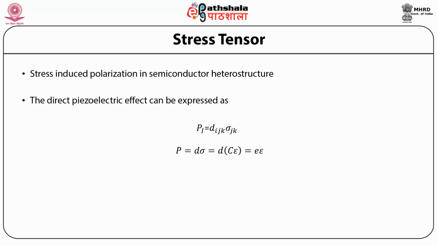So in the matrix form, P can be written as P is equal to D multiplied by sigma equal to D multiplied by C epsilon equal to E epsilon, which in the component form is Pi is equal to Dijk Cjklm epsilon lm equal to Eilm epsilon lm.